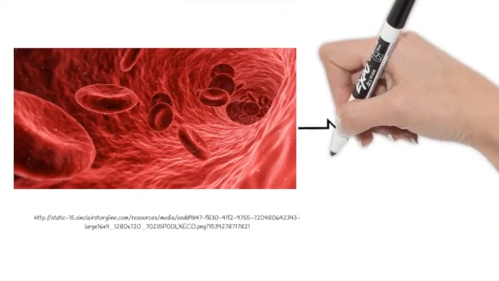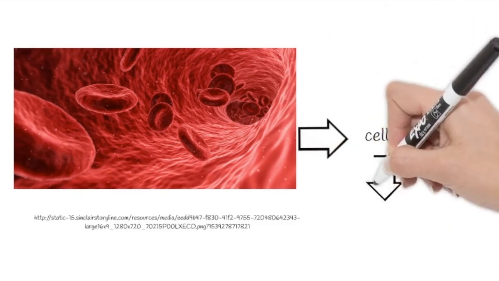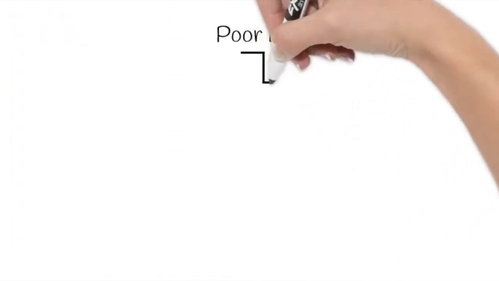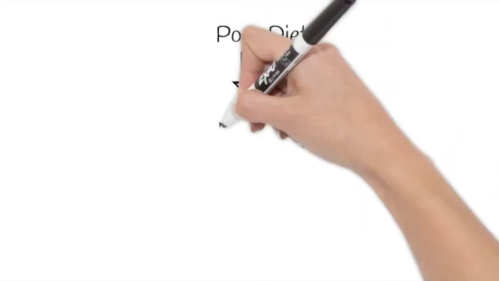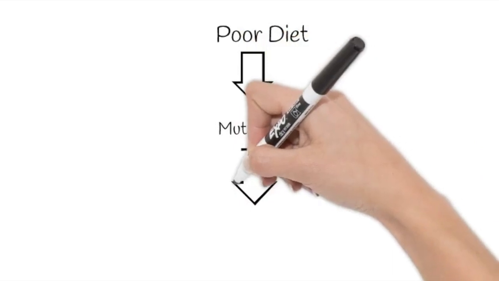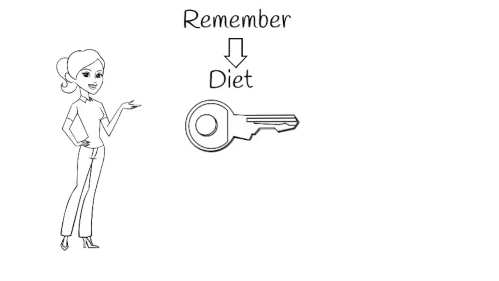So we deliver them through the bloodstream to all our cells to make proteins again. The consequence of a poor diet can lead in the long term to mutations inside the DNA, which could develop into diseases. This concludes our discussion on protein synthesis. And remember, diet is the key to a healthy life.